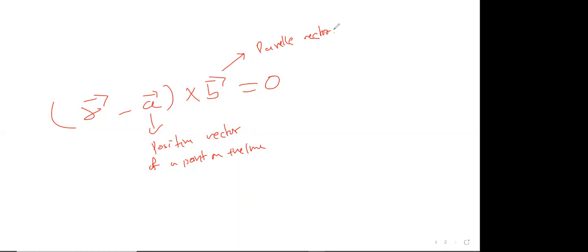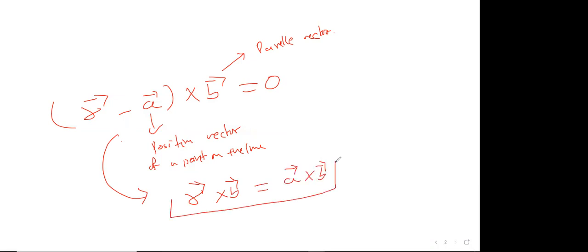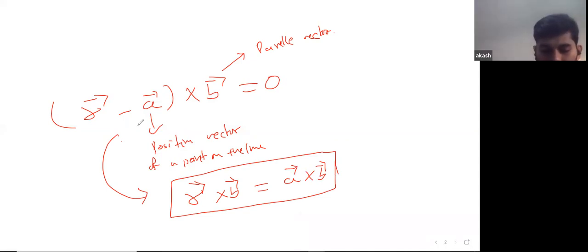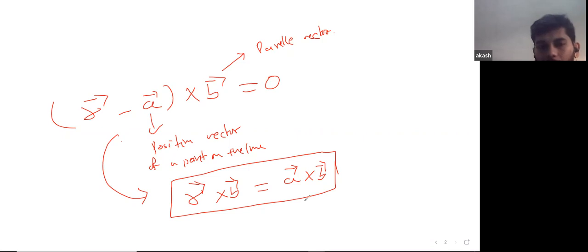Is there no lambda in this equation? No, there is no lambda in this equation. You can write this as this also. Same thing, we just open the bracket here.